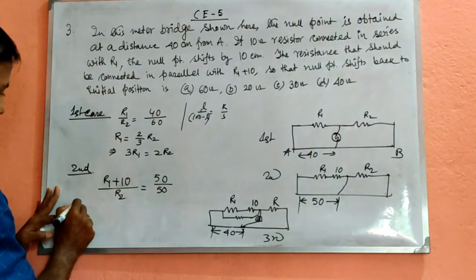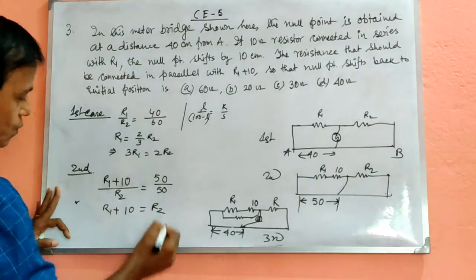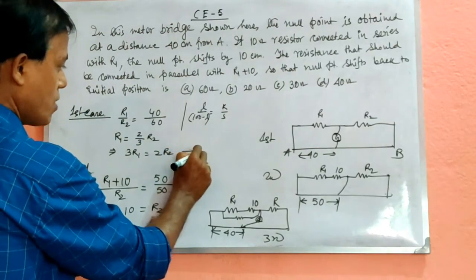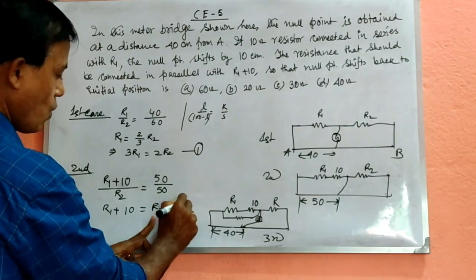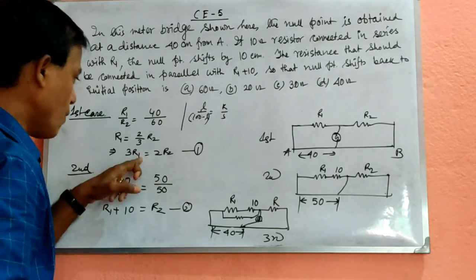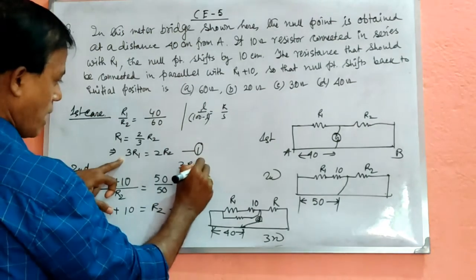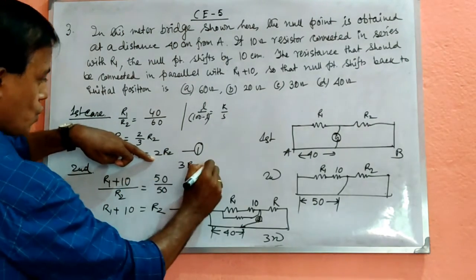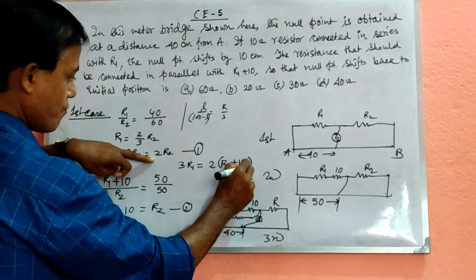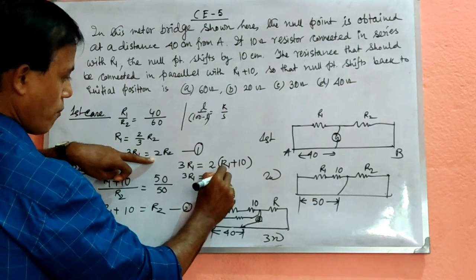So R1 plus 10 is equal to R2. Now if we put this value of R2 from equation 2 into equation 1, we get 3R1 is equal to 2 into R1 plus 10. It comes 3R1 is equal to 2R1 plus 20.